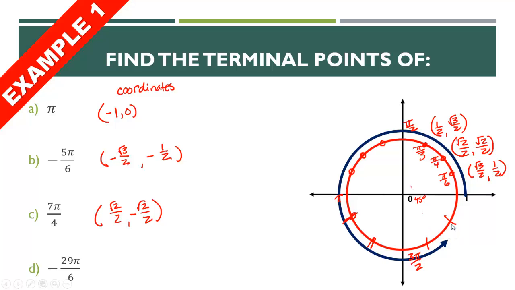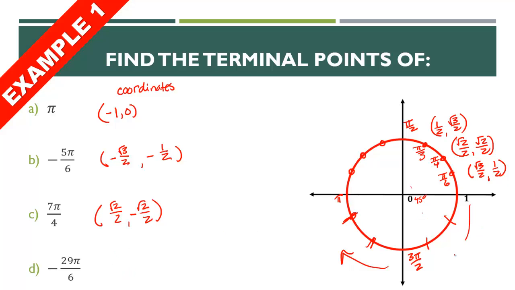And last but not least, now this one could be a little bit tricky. We have negative 29 pi over 6. So negative tells us that we're going all the way around. We're going this way on the circle. Now 29 pi over 6, you have to remember that a full circle is 2 pi. So you can count each one of these revolutions as 1 pi. So if we did that, how many times?